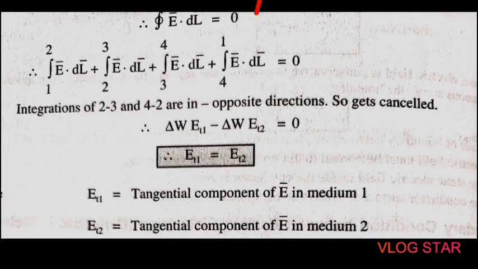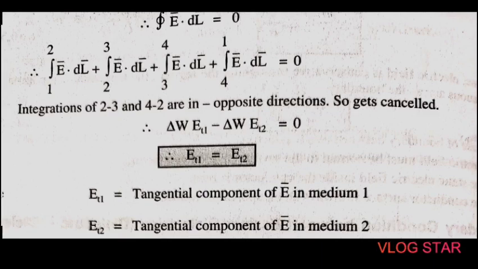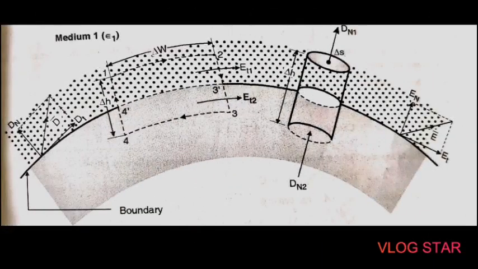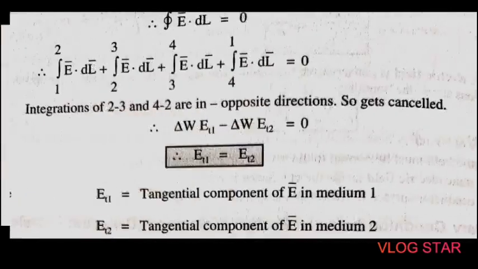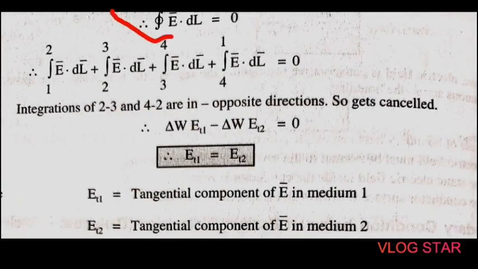In terms of the closed path, we can write the integration from 1 to 2, then from 2 to 3, then 3 to 4 and 4 to 1, and the sum is equal to 0.